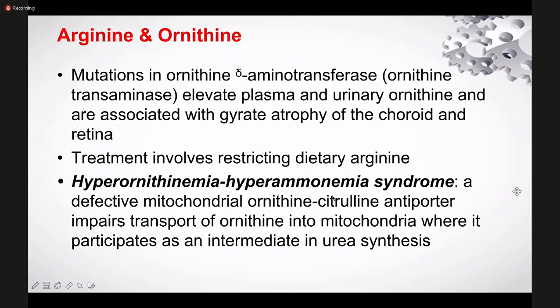If there is a defective mitochondrial ornithine-citrulline antiporter, there is impaired transport of ornithine back into the mitochondria. So there will be a problem in the urea synthesis. That is the function of ornithine.